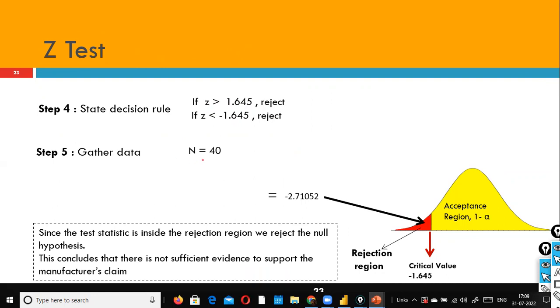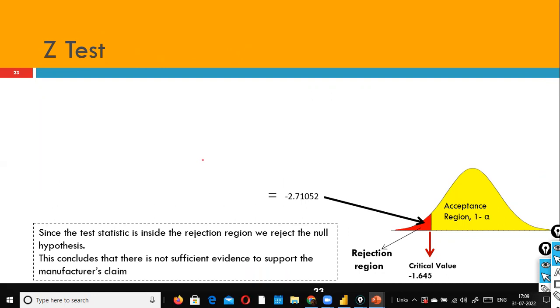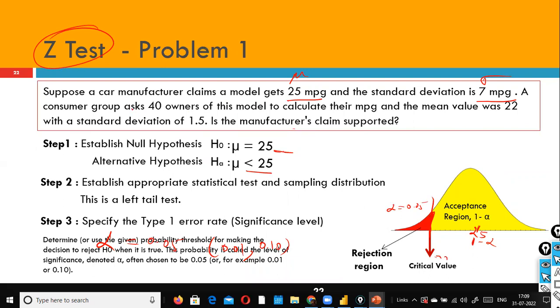And what is my sample data? N is equal to 40. My consumer group was 40 owners. We are running a survey with 40 car owners to find out whether they really are able to get 25 miles per gallon. You cannot call all the customers who bought a specific model of a car. Instead, you randomly sample it.